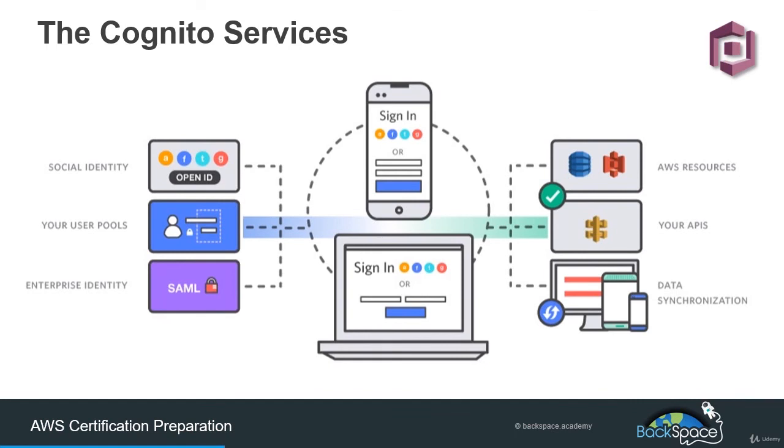Now, we can not only sign in through a Cognito user pool, we can also sign in using a social identity or an OAuth or OpenID service, again like Facebook or Google or Twitter. Just the same as we need to associate our user pool to our federated ID service with Cognito, we need to associate that social identity service with our Cognito Federated ID service.